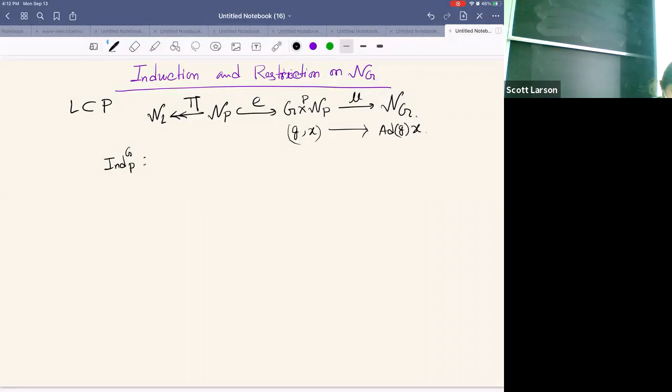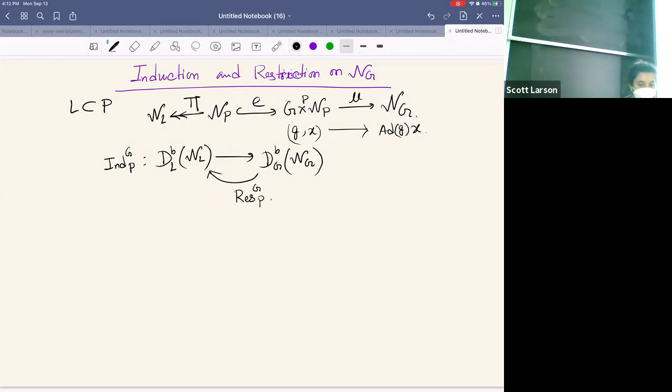Induction is a functor from the L-equivariant bounded derived category on the nilpotent cone of the Levi to the G-equivariant bounded derived category on the nilpotent cone of the original group, and the restriction is in the opposite direction.